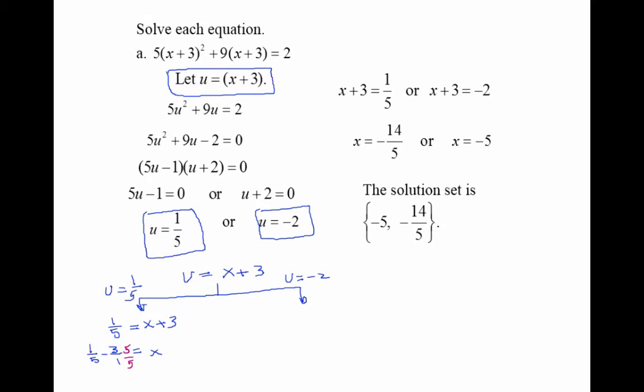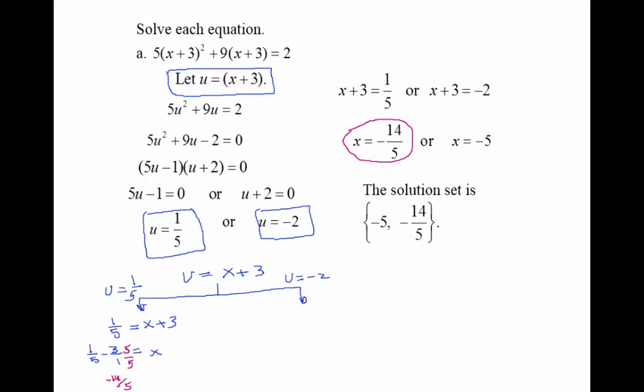I put 5 here and 5 over 5, so it would be minus 15 over 5. Then I have 1 over 5, so that gives me minus 14 over 5. That's how we get this answer.